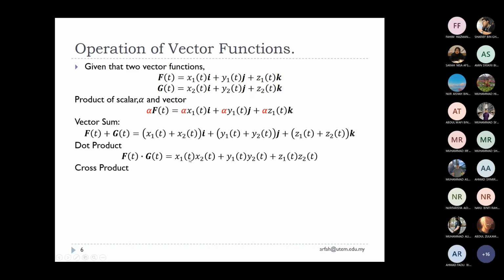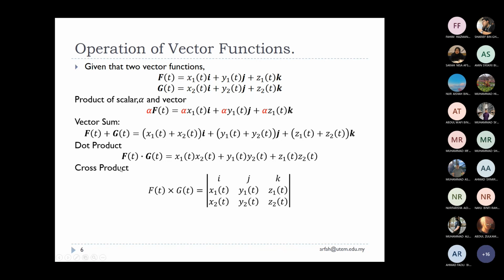That is why finally the dot product of two vector functions will give you the hasil. The hasil apa in English? The result of the vector function for each multiplication of i, j, and k respectively.